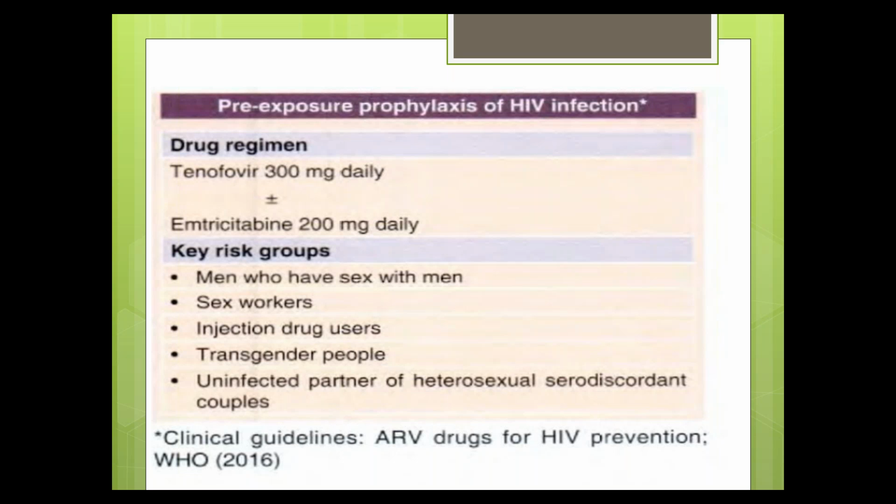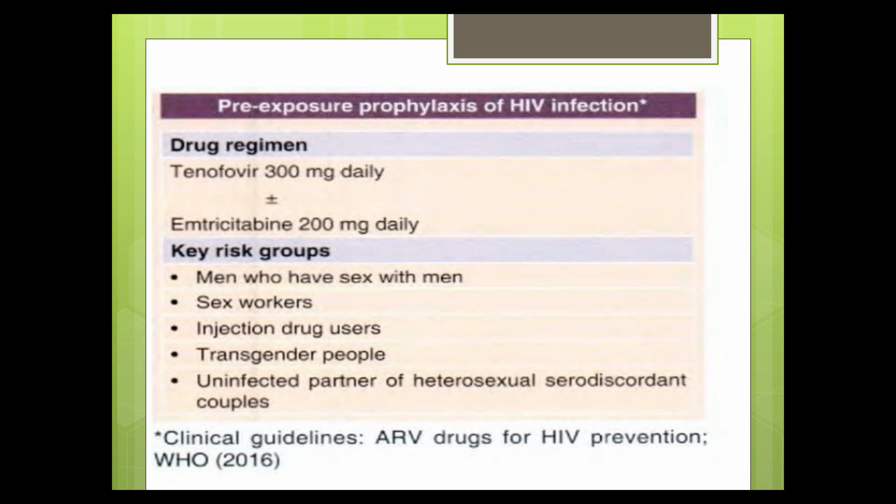Now there is something called pre-exposure prophylaxis and post-exposure prophylaxis. Pre-exposure prophylaxis means before exposure, when we know that we are going to be exposed to an HIV patient, like the risk groups: men who have sex with men, sex workers, whose occupation exposes them, and injection drug users, drug addicts taking repeated injections.